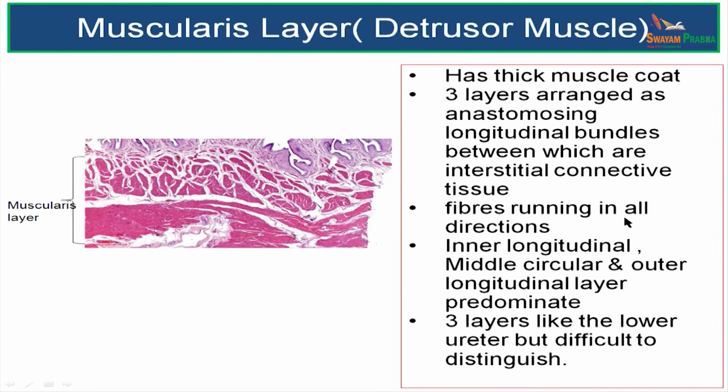The fibers are running in all directions. I told you there are 3 layers: inner longitudinal, middle circular and outer longitudinal, similar to what we have seen in the lower ureter. The 3 layers, like the lower ureter, are difficult to distinguish.